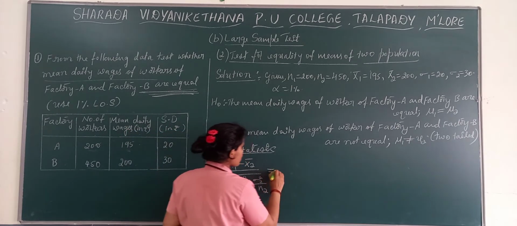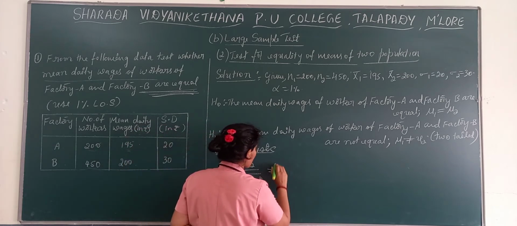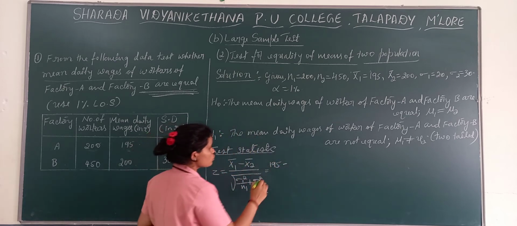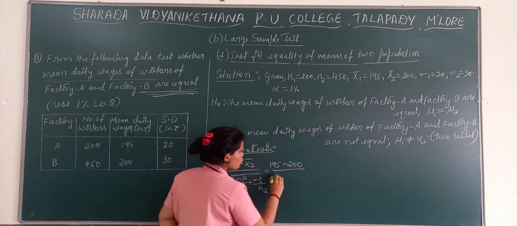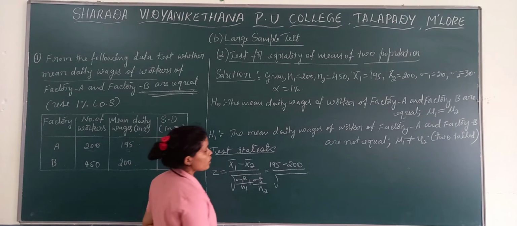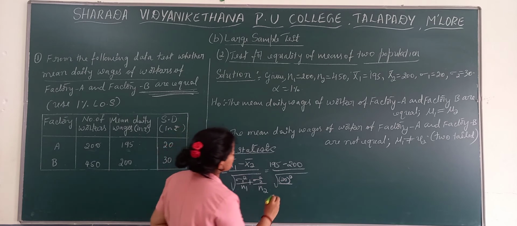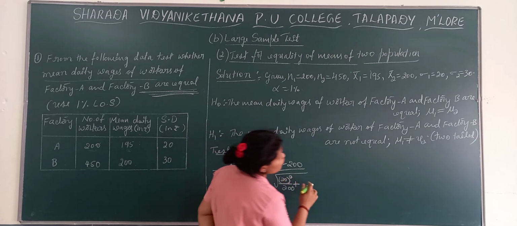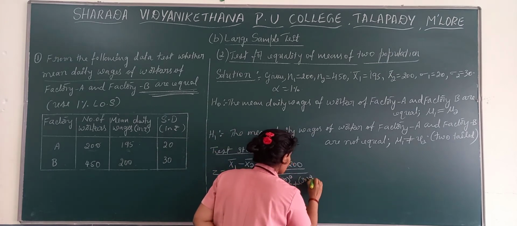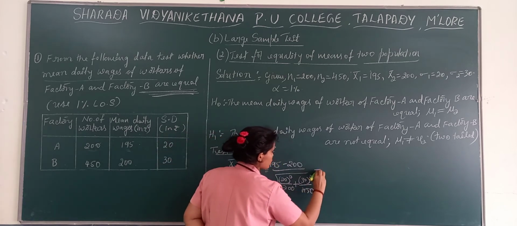Now substitute into the formula. X bar 1 is 195 minus x bar 2, 200, divided by the root of standard deviation 1, which is 20 square by n1, 200, plus standard deviation 2, which is 30 square by n2, 450.